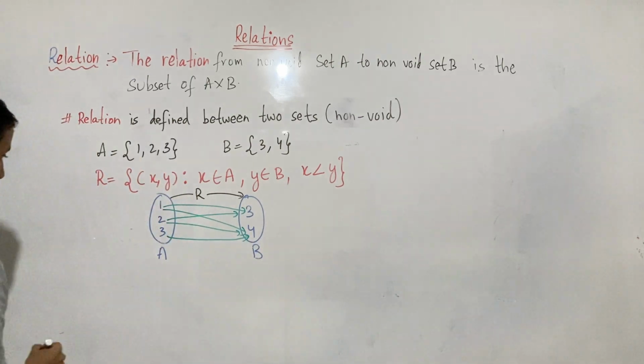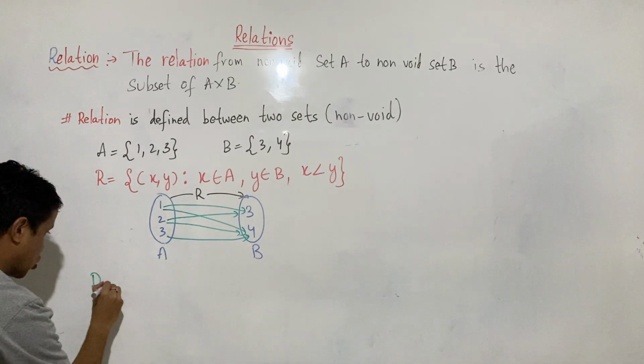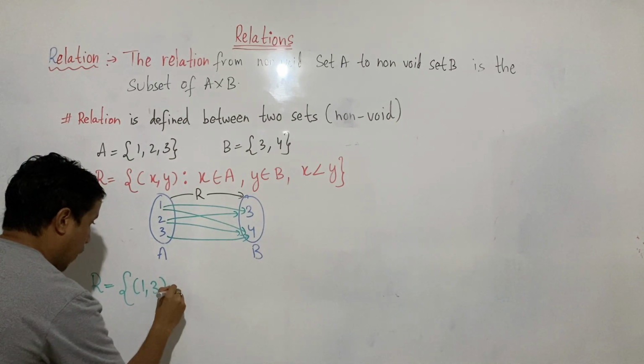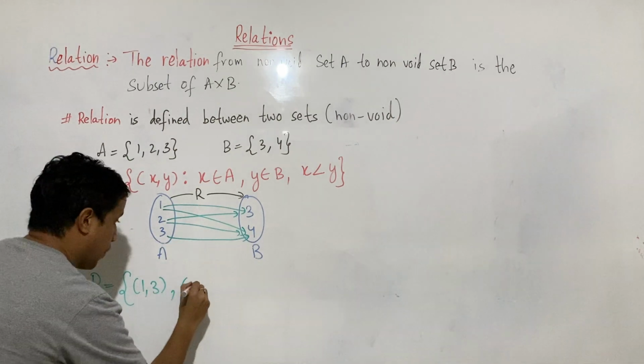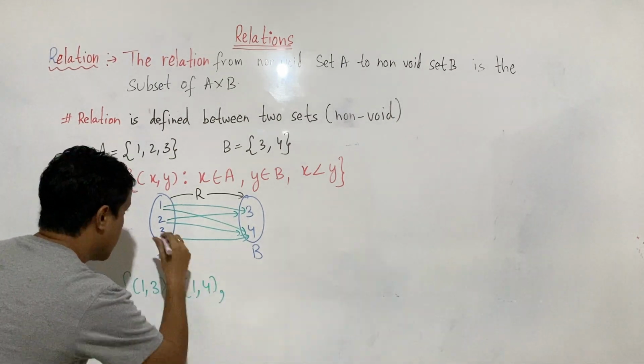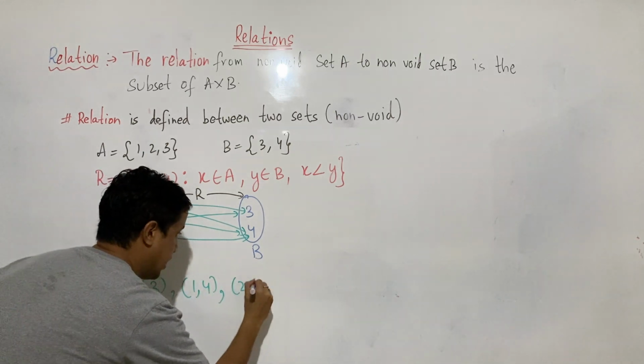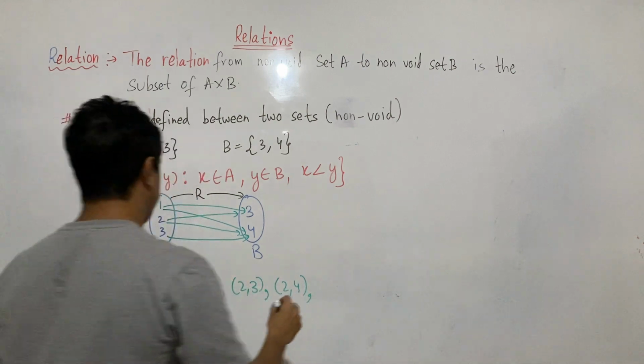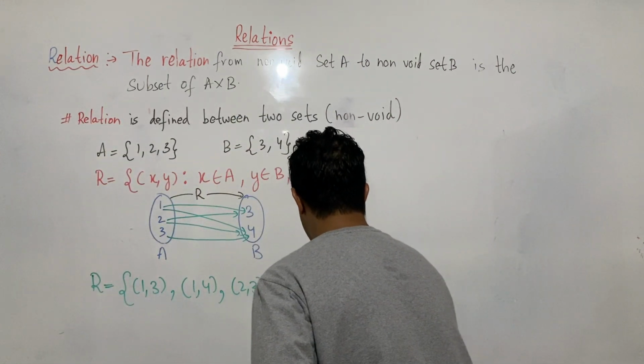So from here my relation is going to be the ordered pairs 1 3, 1 4, 2 3, 2 4, then 3 4.